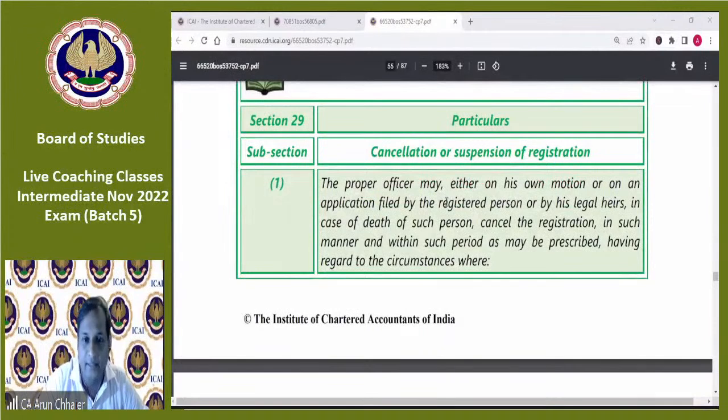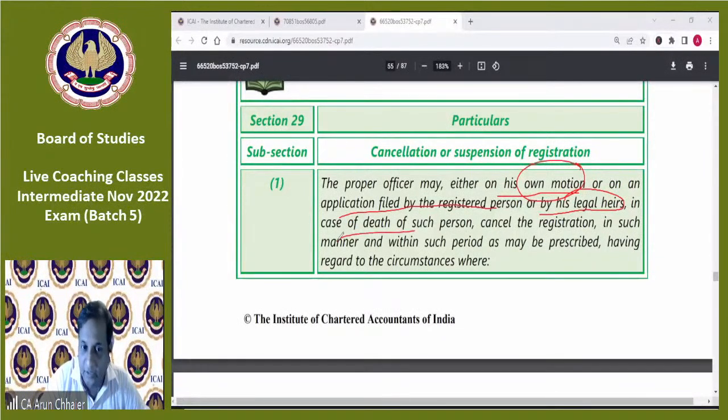Cancellation can be on the application of the taxpayer on his own motion, or the proper officer may act for any reason, or on an application received from the registered person or from his legal heir. Let's say Mr. A was doing the business and has expired, and his legal heir files the application for cancellation.